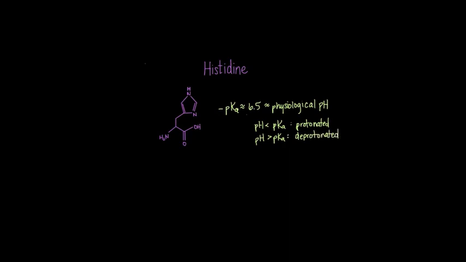Now, since the physiological pH, which is the pH of the fluid within our own bodies, is roughly equal to the pKa of histidine, then histidine is going to exist in both protonated and deprotonated forms. So this makes it a particularly useful amino acid to have at the active site of a protein, where it can both stabilize or destabilize the substrate.